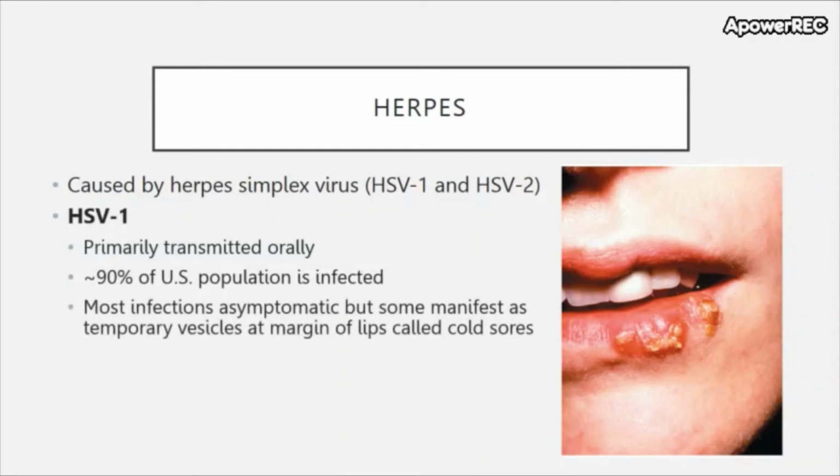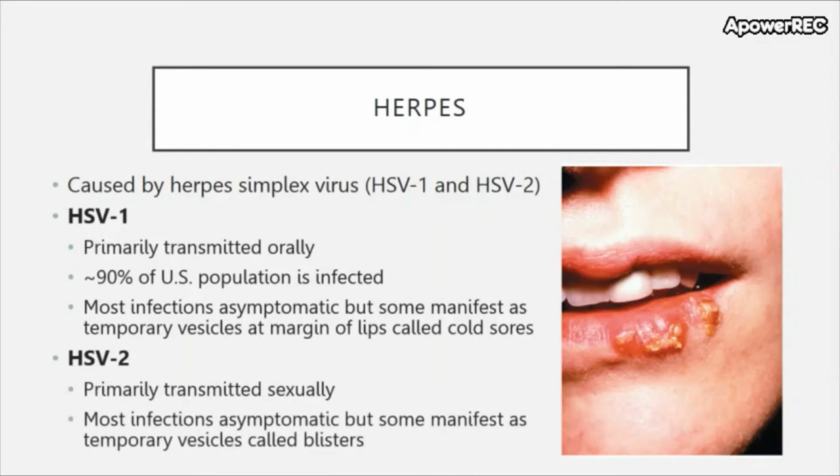Most infections, however, are asymptomatic, but some of them can manifest as temporary vesicles at the margins of the lips, and these are called cold sores. HSV2 is primarily transmitted sexually. And most of these infections are asymptomatic, but sometimes manifest as temporary vesicles called blisters.